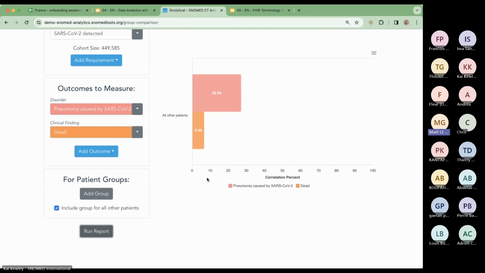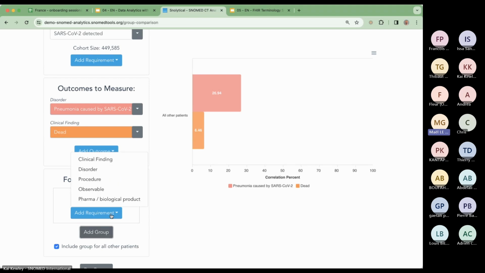Now we want to find the patient groups who are most vulnerable because we could create a different sort of care pathway for them or a different strategy for them. Maybe they get the vaccine first, or they're asked to stay at home, or at least made aware of the risks.